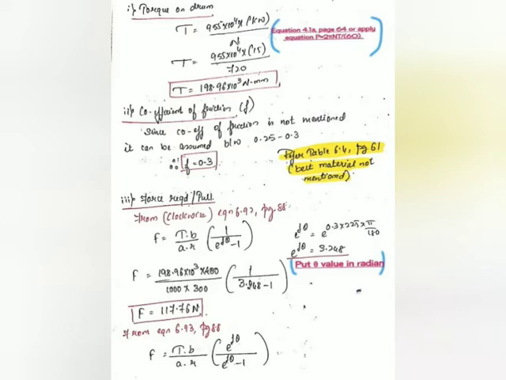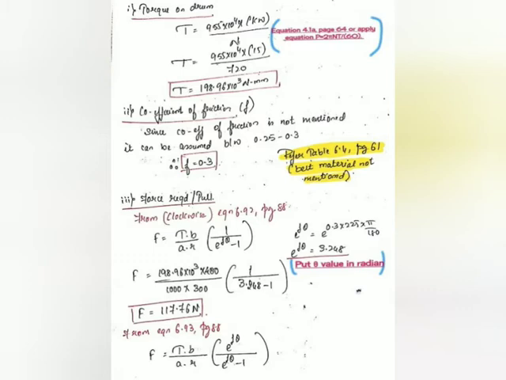Second step. In the given question, the coefficient of friction f is not given, whereas in earlier problems they used to give the f value. But sometimes if they don't give the coefficient of friction f value, then refer to table 6.4 in the data handbook, that is page number 61, and assume a particular range, that is 0.25 to 0.3.